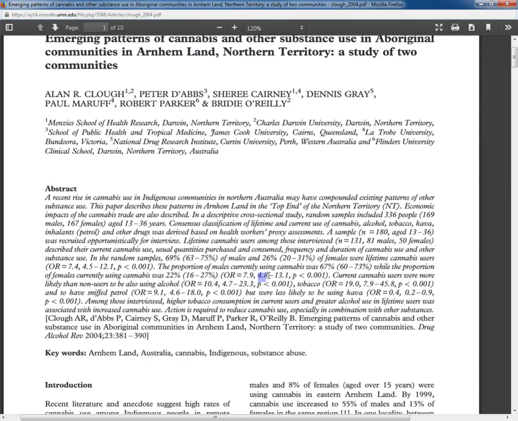Confidence interval 4.8 to 13.1. This would be a way to understand that there is a difference in risk between males and females, and you will frequently see odds ratios reported like this with confidence intervals, and you can also see p-values there as well.